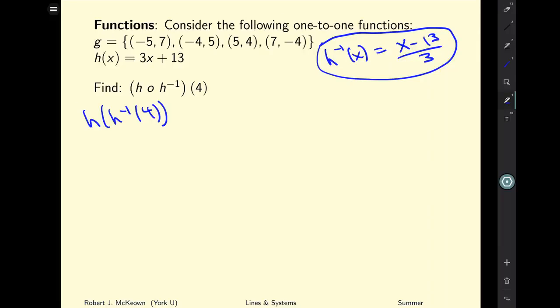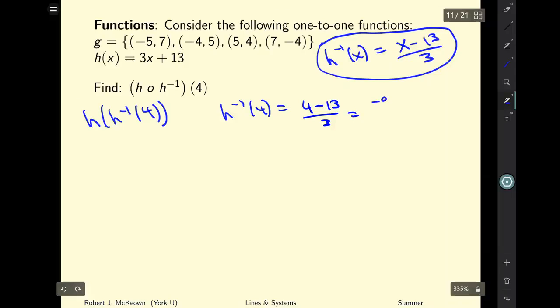So why don't we do that one first? So h inverse of 4 is going to be equal to (4 minus 13) divided by 3, which is equal to negative 9 over 3, which is equal to negative 3.